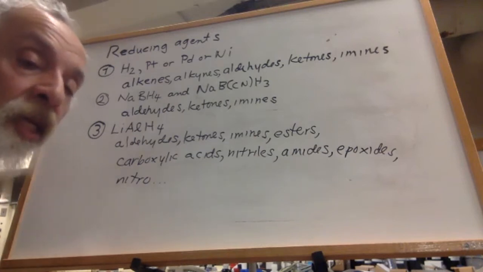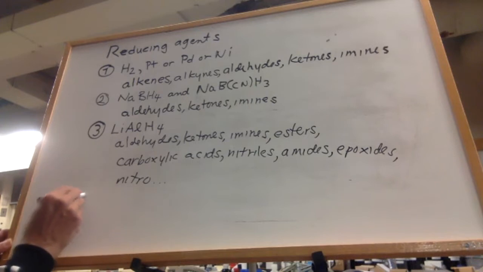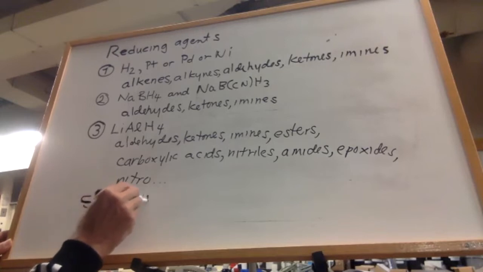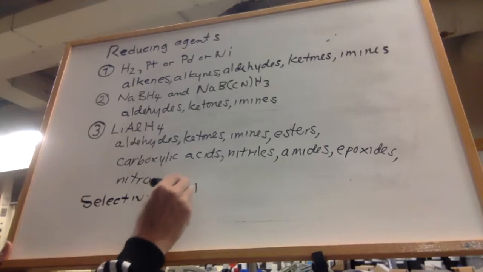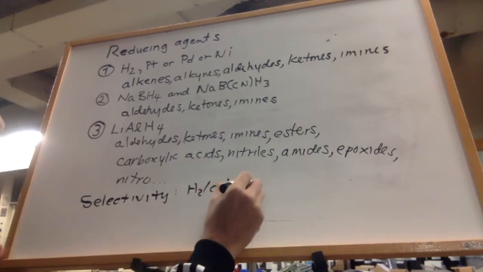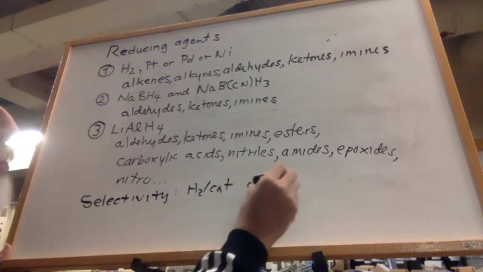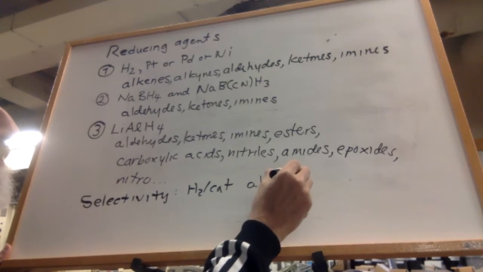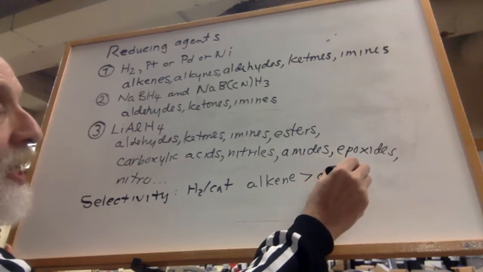Let me just make another little point here about these reductions, and that is about selectivity. For hydrogen and a catalyst, one thing that we can definitively say is that an alkene is reduced faster than an alkyne.